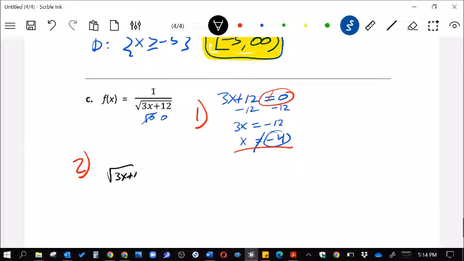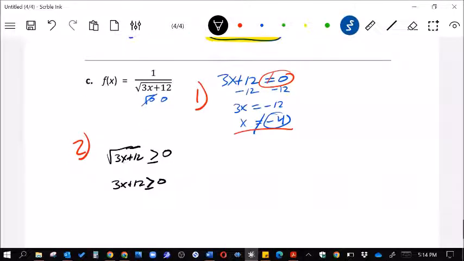So we're going to say the square root of 3x plus 12, that whole thing must be greater than or equal to 0. So all we have to do here is take 3x plus 12 and make that greater than or equal to 0. Because if this was -5, we'd get a -3 result, and the square root of -3 is imaginary, so throw it out.